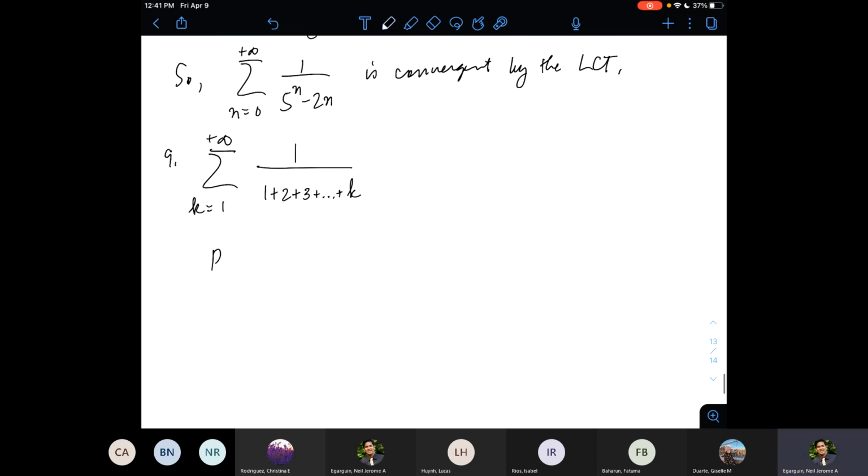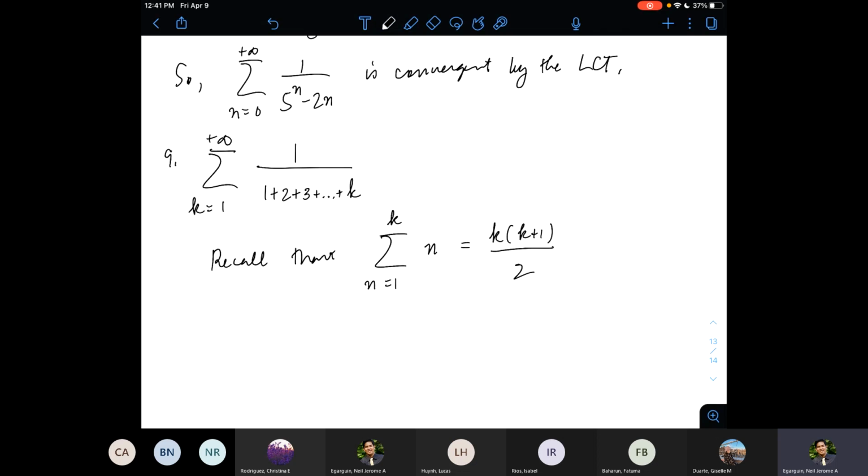But recall, or maybe let's recall this formula that if you're summing up n going from 1 to k, then this is k times k plus 1 all over 2.